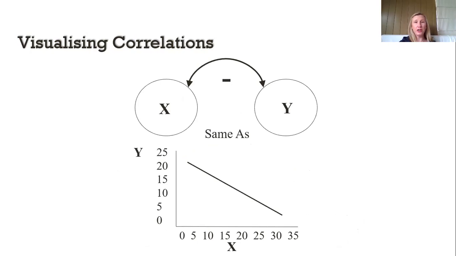On a graph, it would look like this. So you can see here as the levels on the y-axis are high, the levels on the x-axis are low. And as we move along the x-axis, they're going to become low on the y-axis. So it's a downward slope, and we would say that is a negative correlation.